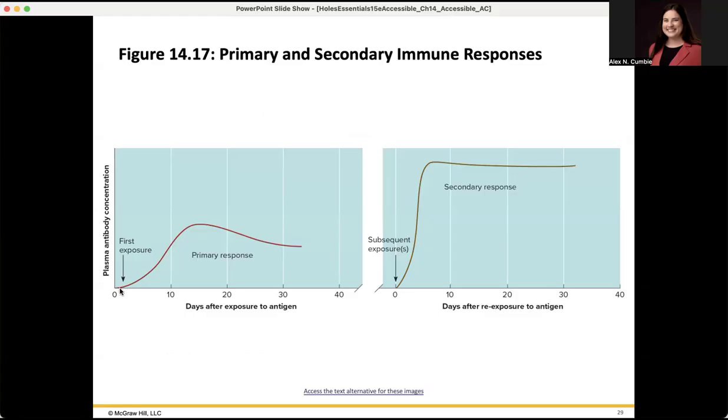This might be when you're first exposed to a pathogen. It takes a while. This is days on the x-axis, and you can see it takes 10 to 15 days, maybe even, to get a full response. But with secondary re-exposure to the same one, it's much quicker, and you'll be able to feel better faster.